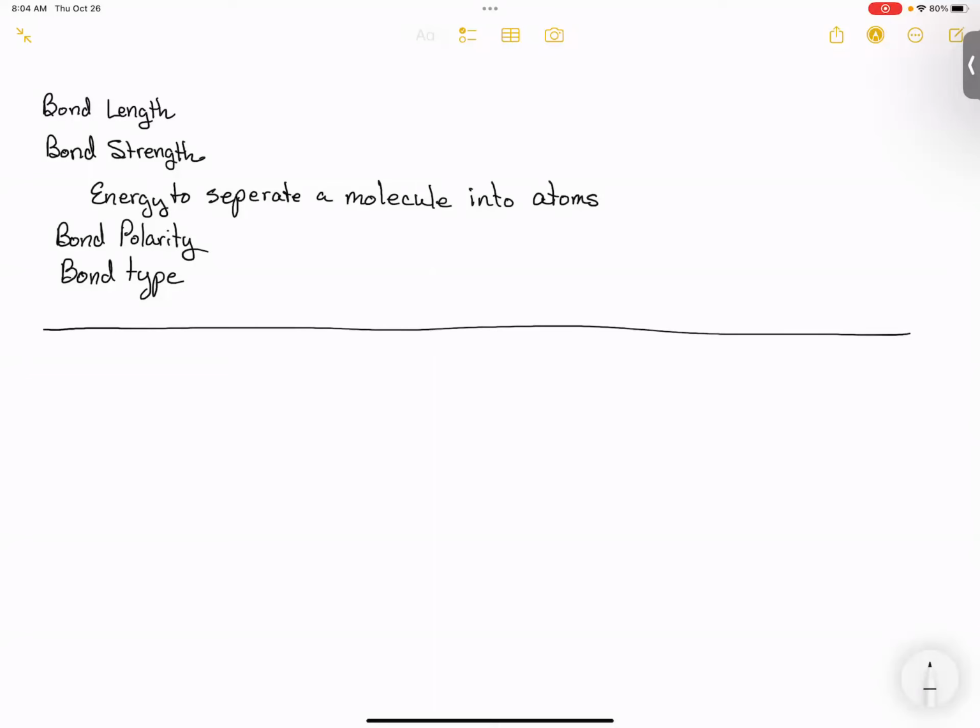At this point, we have discussed single bonds, which consist of two electrons, and it's represented with a single line.